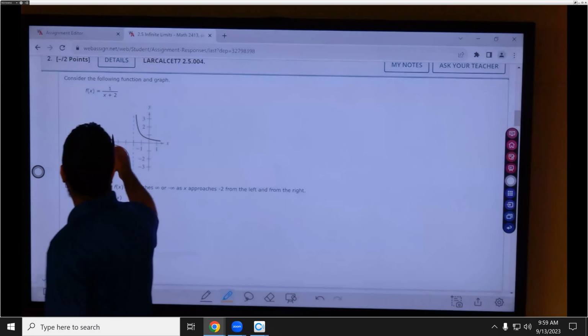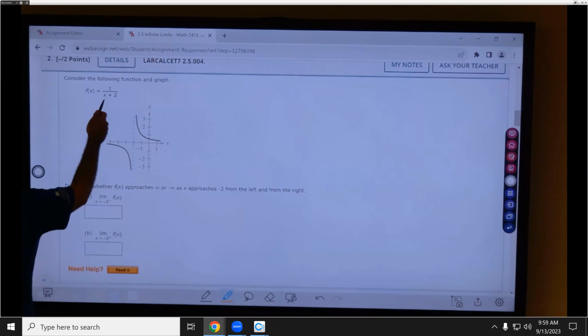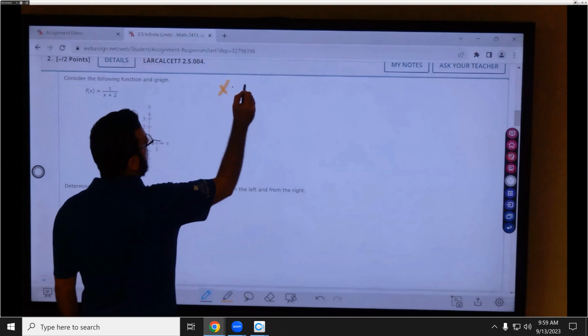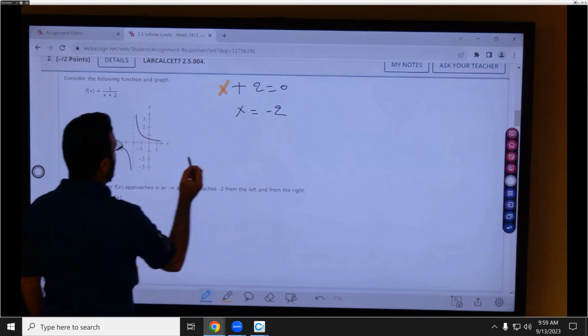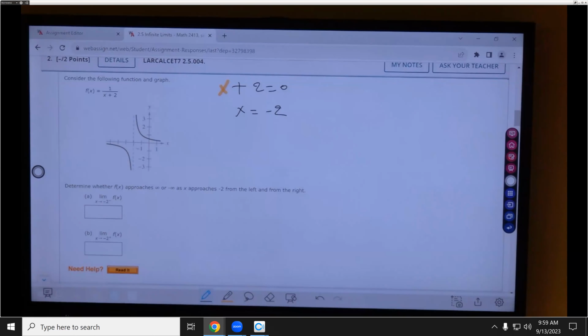Here's the asymptote, which is x plus 2 equals 0. That means x equals -2. We see, here's the asymptote at -2. Now, let's check the left side. From the left side, the function goes where? Negative infinity. From the right side, the function goes where? Infinity.